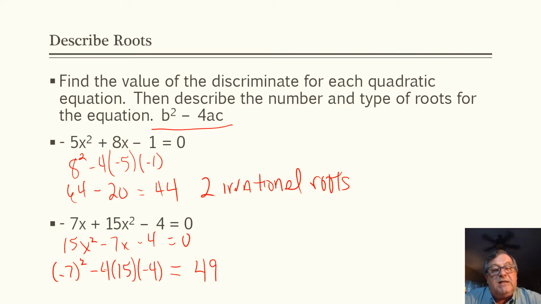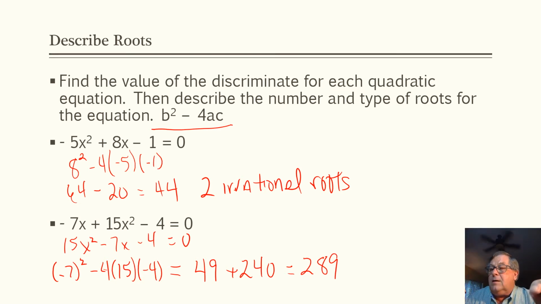And negative 60 times negative 4 is what? Positive 240. And that equals 289.